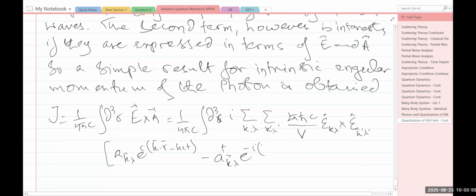So we have k dot r minus kct, bracket close.